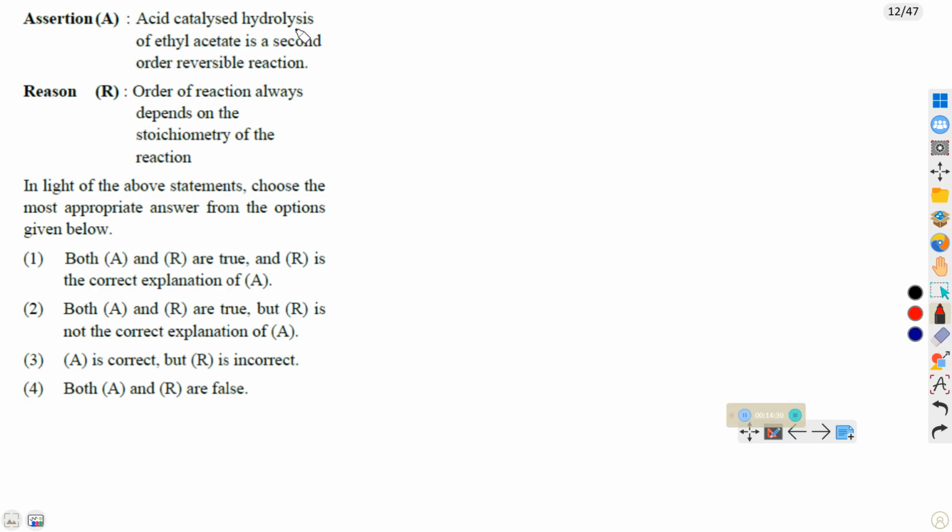Acid catalyzed hydrolysis of ethyl acetate is a second order reversible reaction. Wrong. Acid catalyzed hydrolysis of ethyl acetate means nothing but ester hydrolysis. Ester hydrolysis is a pseudo first order reaction.